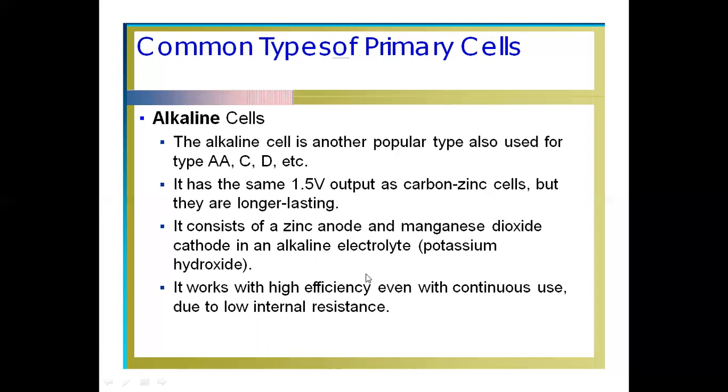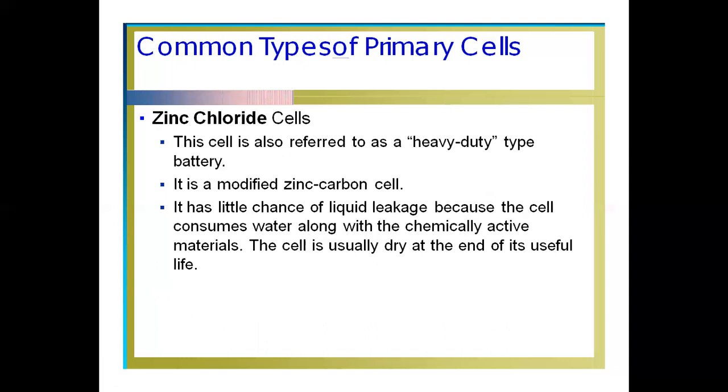So it works with high efficiency even with continuous use due to low internal resistance. Why is its efficiency high? Even with continuous use, it provides maximum efficiency because its internal resistance is very low.